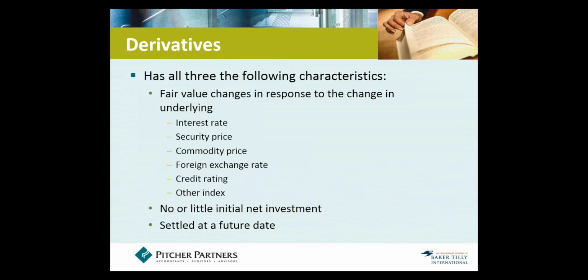So a derivative is now specifically included in the balance sheet at reporting date. Derivatives are always at fair value with changes through profit and loss. The only exception to that is if we've met all the requirements to apply hedge accounting as defined in AASB 139.